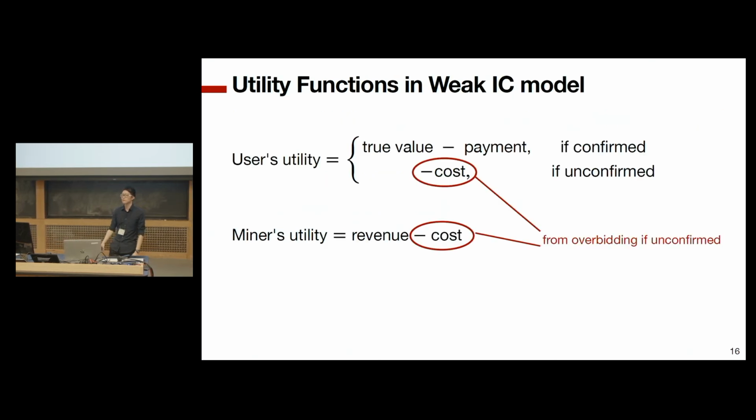This is the utility function. We consider the cost if they overbid but the bid is unconfirmed. If we consider extra cost for the adversary, this is a weaker adversary, and if the adversary is weaker, it's easier for us to design a mechanism.